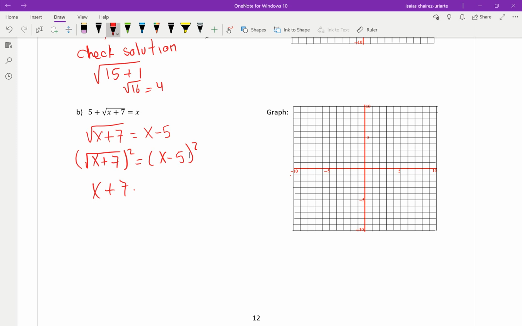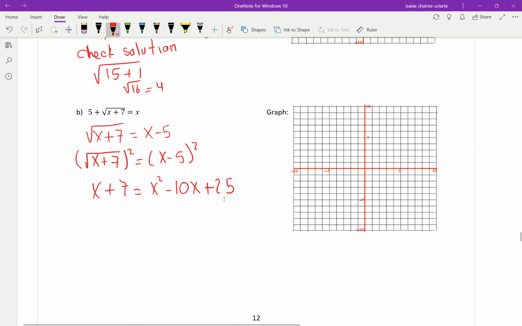equals, and then on the right hand side, I am actually going to multiply this out. And if I multiply this out, it should become x squared minus 10x plus 25. So be careful with that in case you're wondering where the heck did he get the 10x, the 25? Well, I had to actually expand this out and do multiplication of a binomial times a binomial.